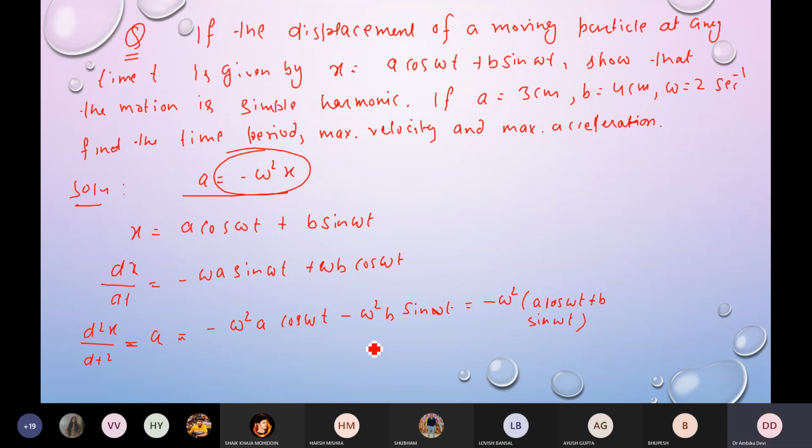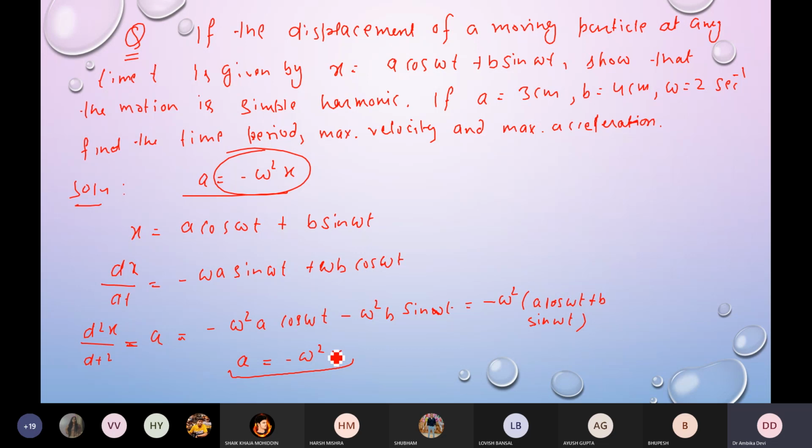The term inside the bracket is simply x. So this is equal to minus omega square x, right? I told you in the beginning also, if the acceleration is directly proportional to x and it is in opposite direction, then the motion is simple harmonic in nature. So we proved that the motion is simple harmonic in nature.